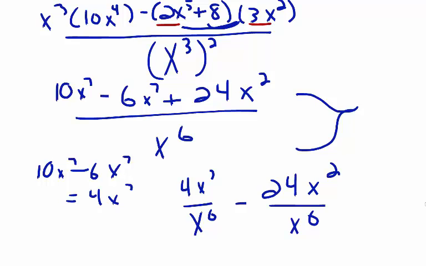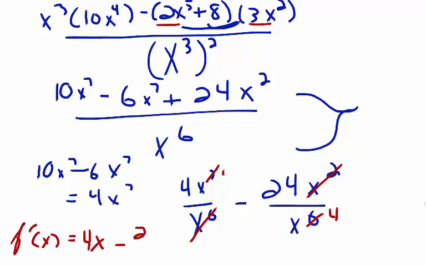From here, I'm able to cancel out x to the sixth, and I'm also able to cancel out x squared. This leaves us with our final result, f prime of x equals 4x minus 24 divided by x to the fourth.